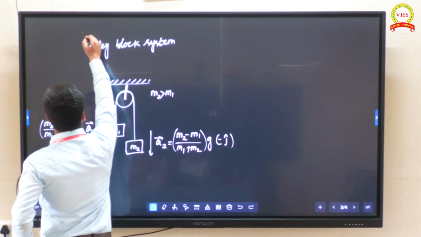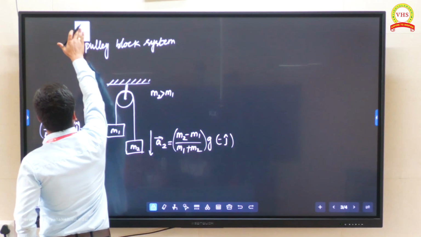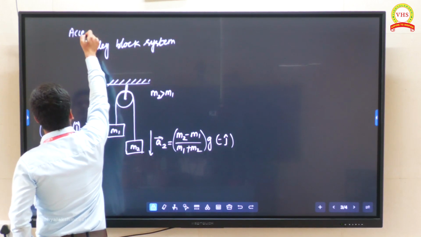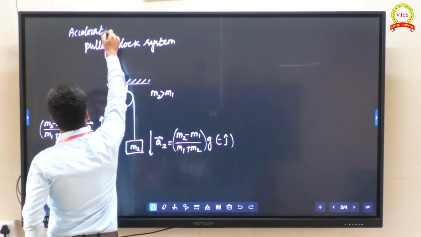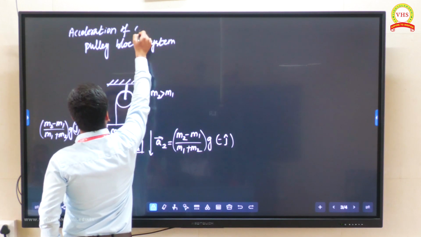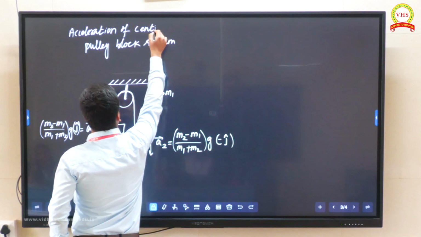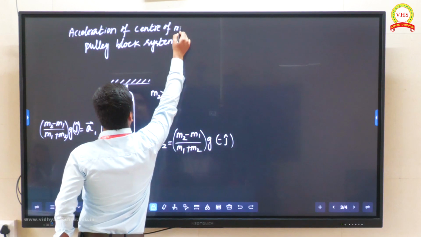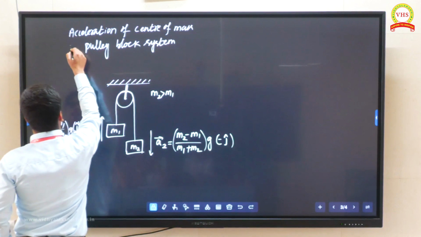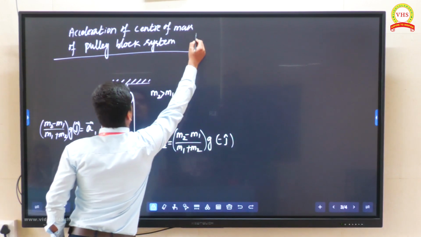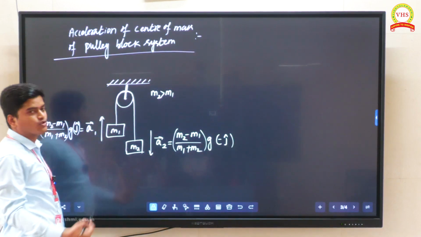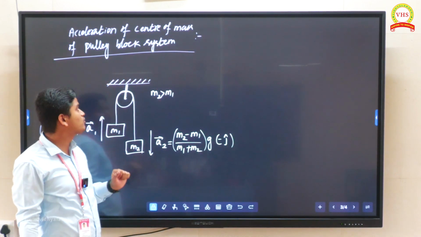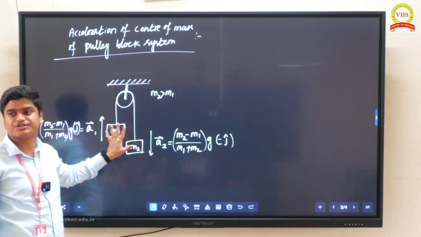So we will try to find the acceleration of center of mass of the pulley block system. We want to calculate the acceleration for the center of mass of this system.